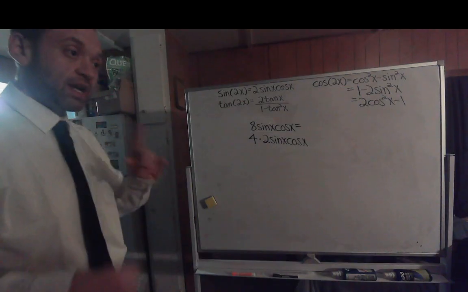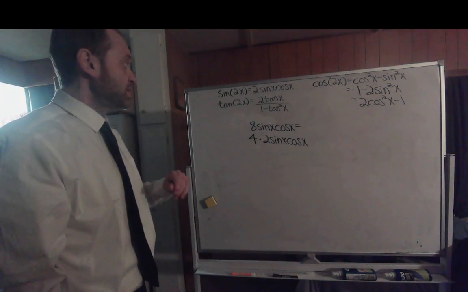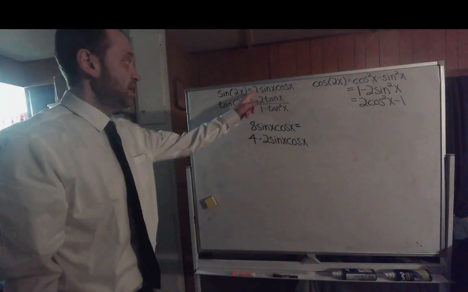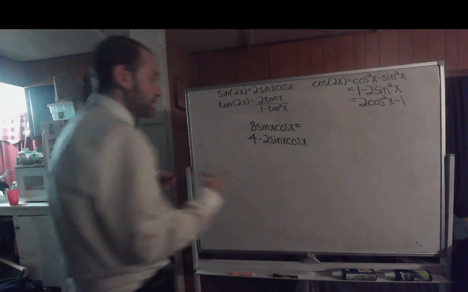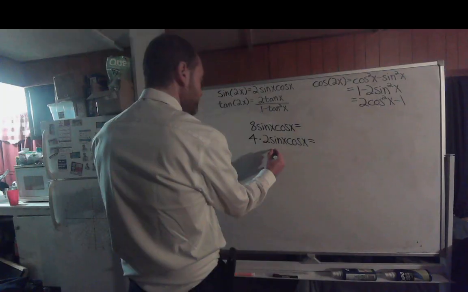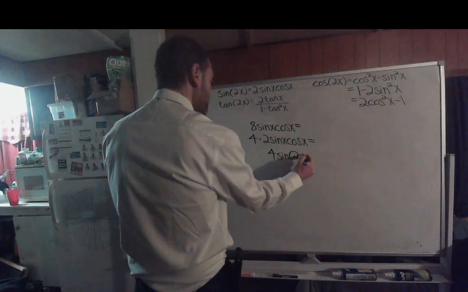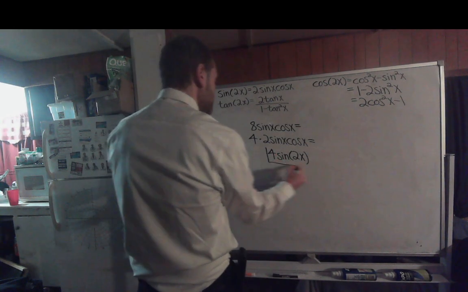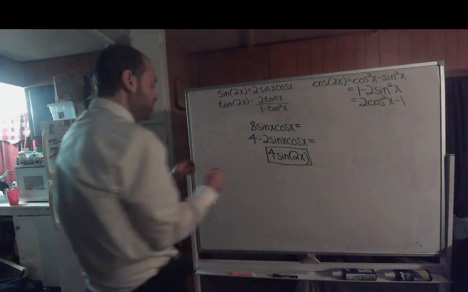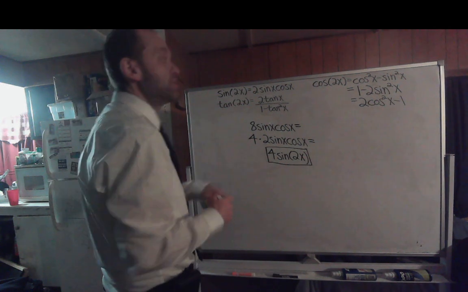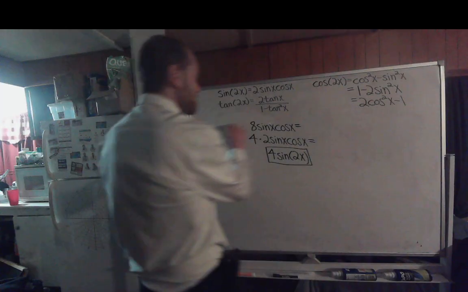Now, if we look at our double angle formulas, what is 2 sine of x cosine of x? That's just the sine of 2x. So this would simplify nicely into 4 times the sine of 2x.